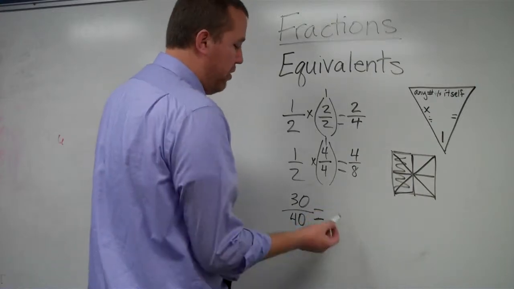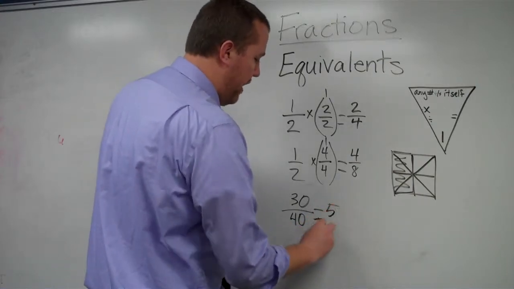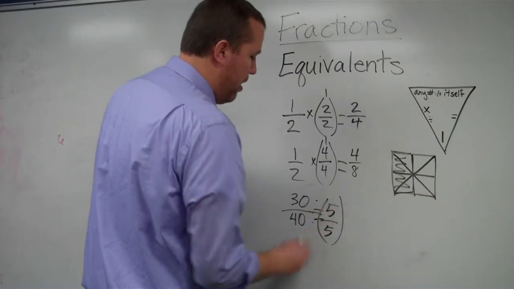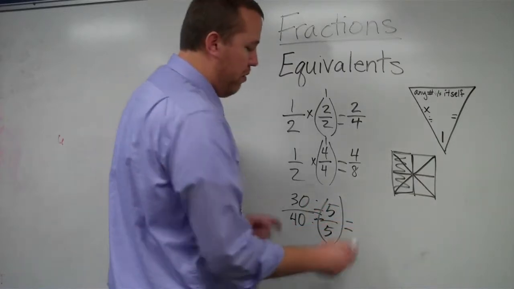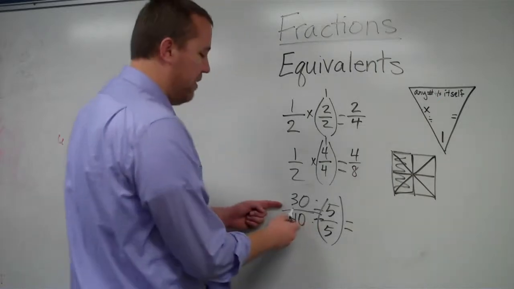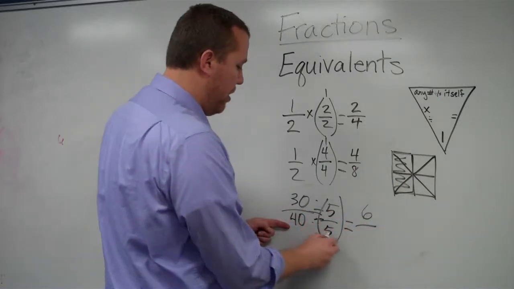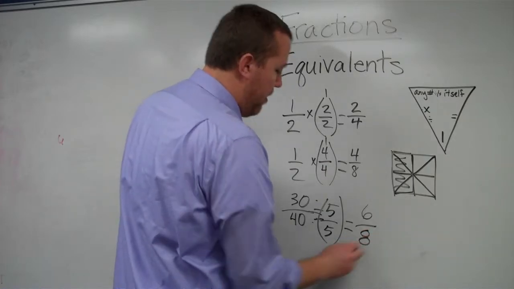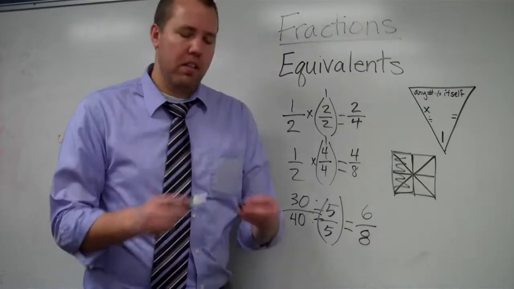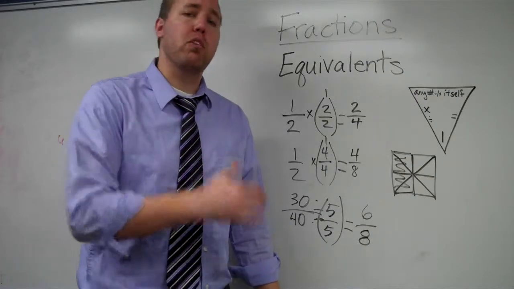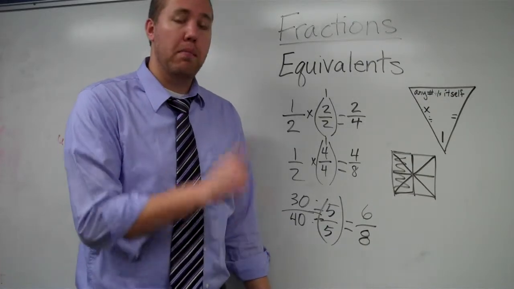So let's just choose 5, because we know 5 goes into any number that ends in 0. So I'm going to divide by 5, each of those. We divide straight across in this instance too. So 30 divided by 5 is 6. 40 divided by 5 is 8. Okay. So finding equivalence is the same as multiplying or dividing any fraction by 1 whole.